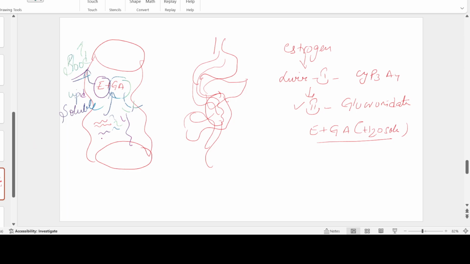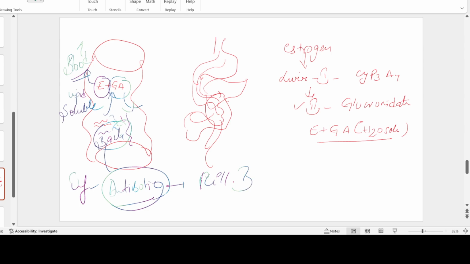Now, say this patient has some infection and she is on antibiotics. What do they do? These antibiotics kill the bacteria.